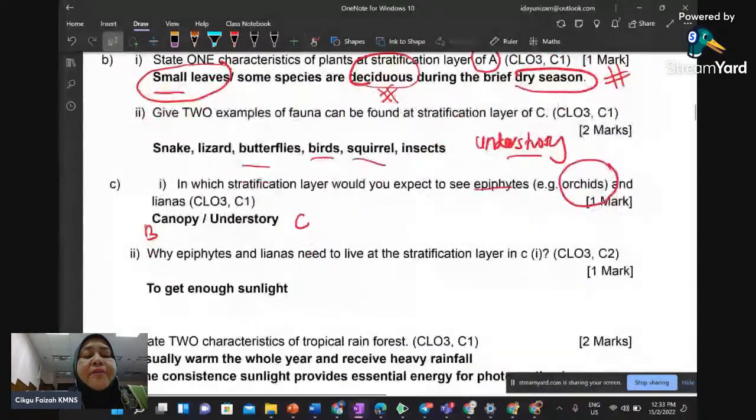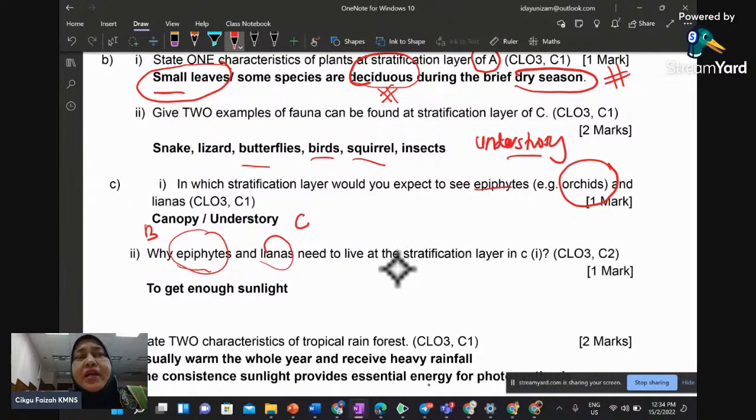Epiphytes, if you learn in the concept of food web or food chain, are producers. But these producers have to live on, or attach themselves to, other trees. Why do they need to be in the stratification layer of C or B, either canopy or understory? They cannot be down in the shrub layer. Why, class?